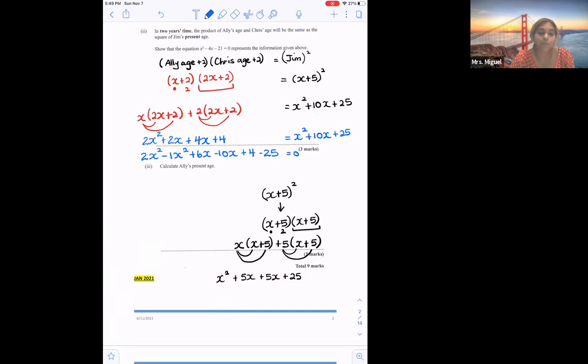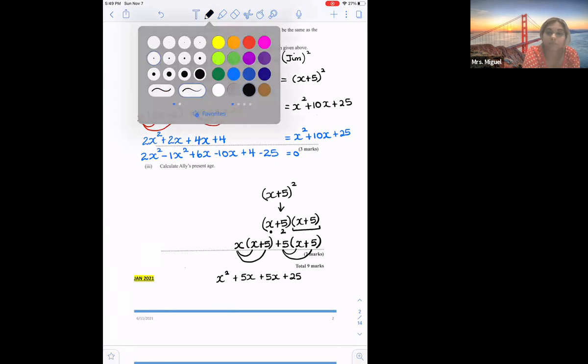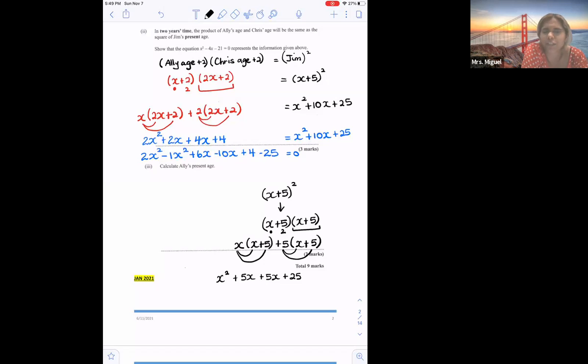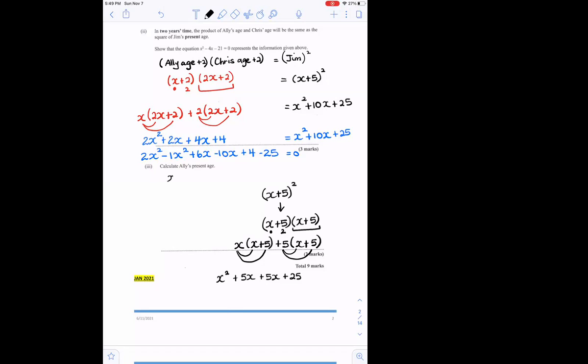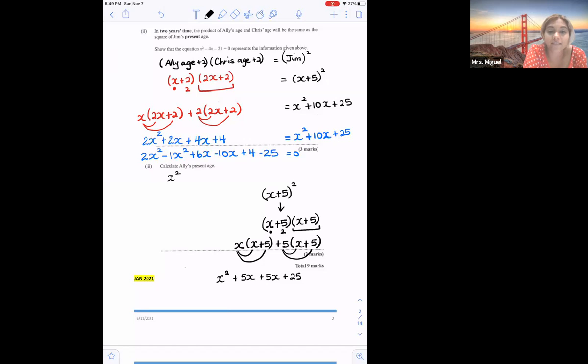How much is 2x squared minus 1x squared? How much is 2 of one quantity minus 1? How much is 2 take away 1? You'll get x squared.